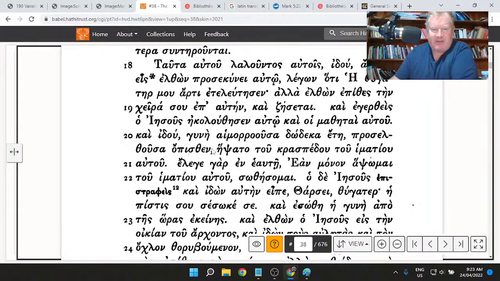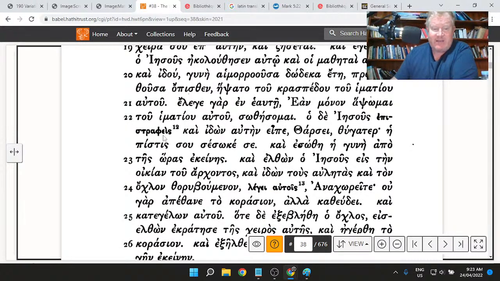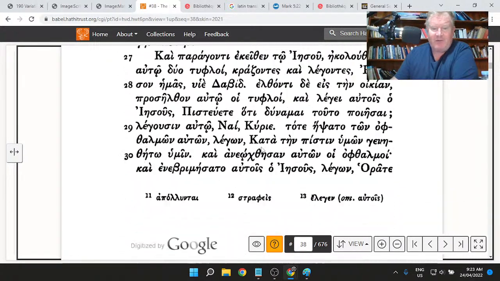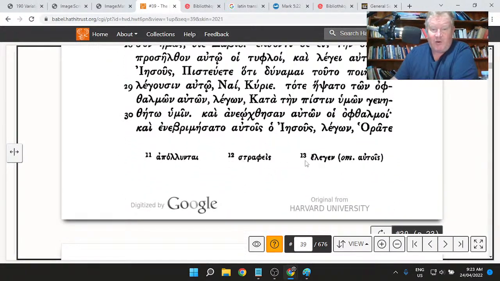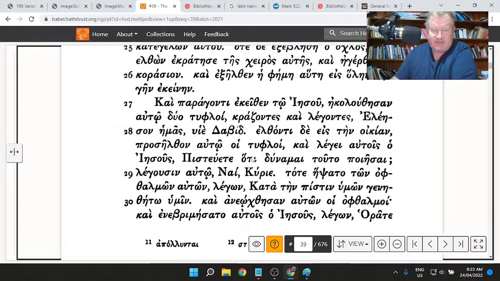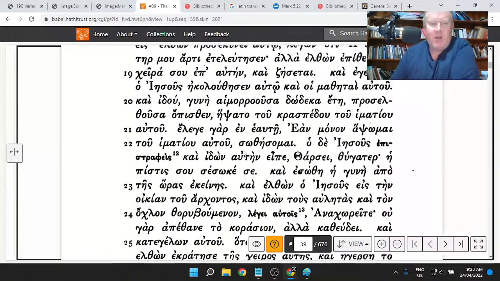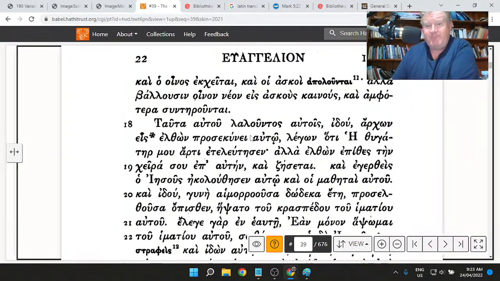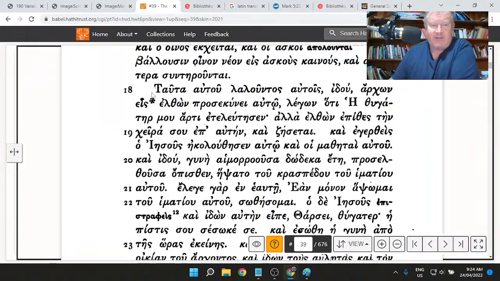They've just taken those out because they served a purpose for the translation committee of 1881. When we see ice with the asterisk, that means it's part of the 190 differences. Down here we have a list of words that change, the things that are omitted, according to the Westcott and Hort text. We don't need to bother with that at the moment. We're just looking at the 190 list at the back.